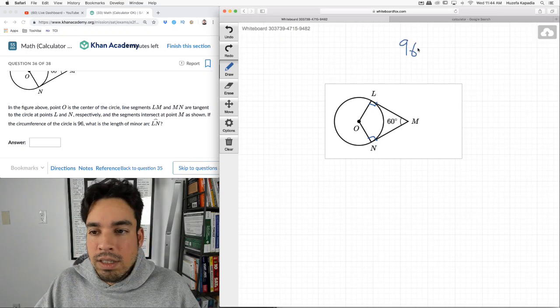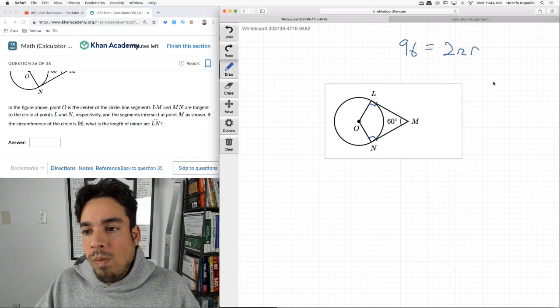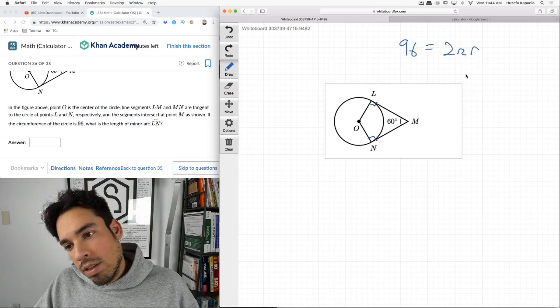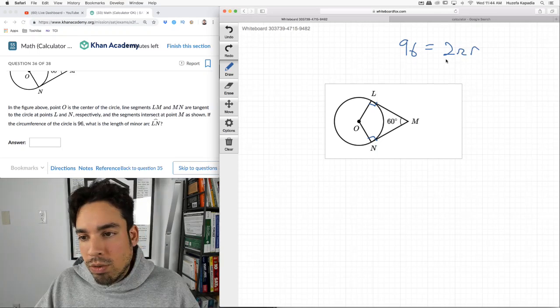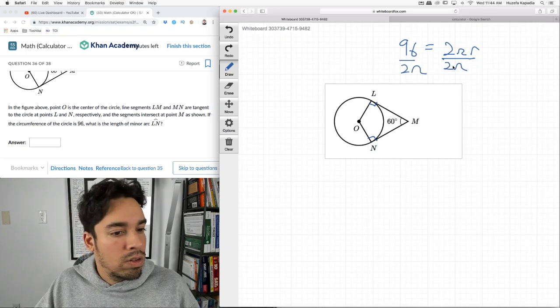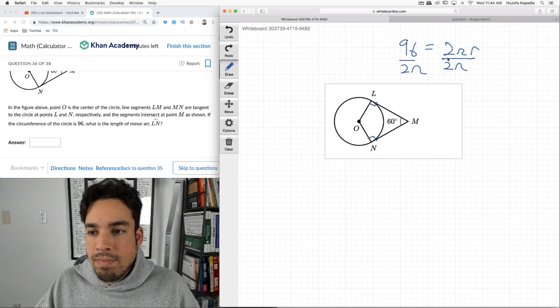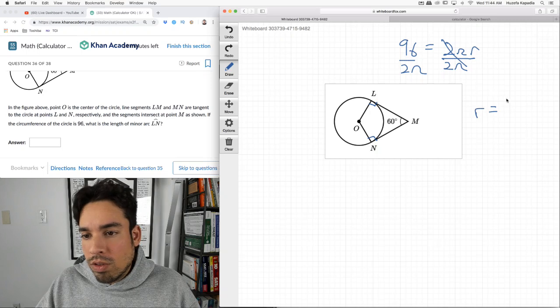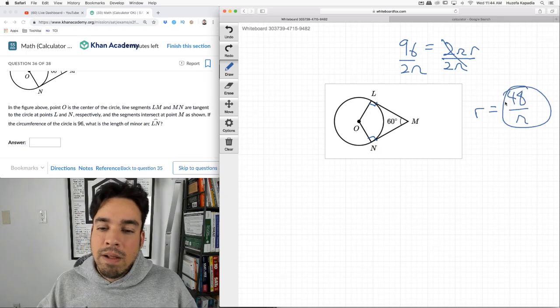Circumference is 96 equals 2 pi r, which means that we can solve for the radius, I guess. Sure, let's do that. So radius equals 48 over pi. I'm not sure if that helps anything.